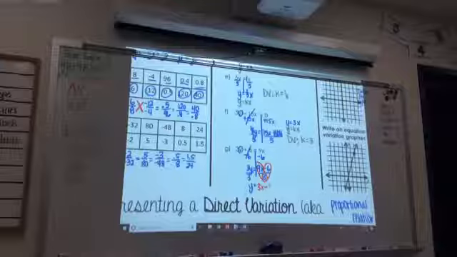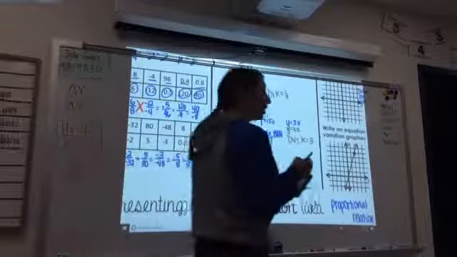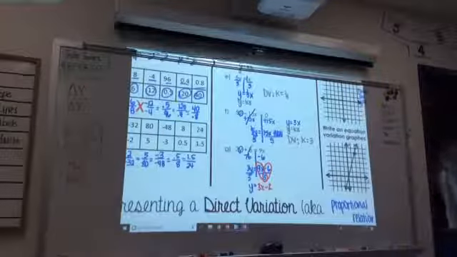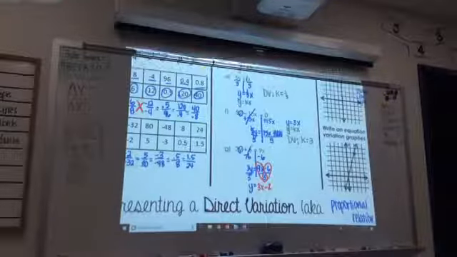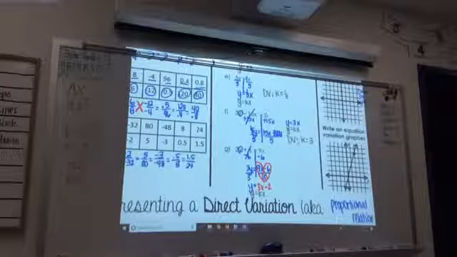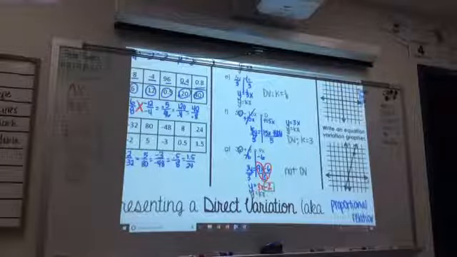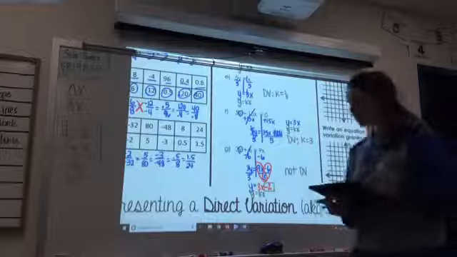Negative 2. Okay? Remember, we're dividing, not subtracting. So, does this fit my direct variation format? No. Y equals kx? No. Why does it not fit? We've got extra, so this is not direct variation. Are we okay with that?